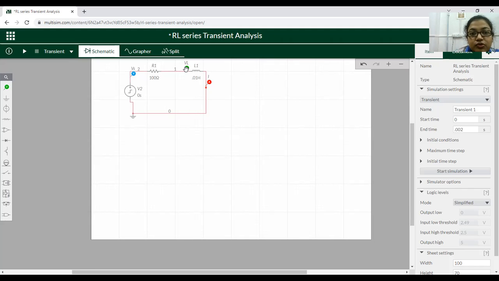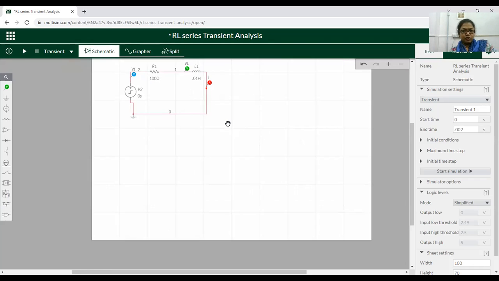We have connected this V to measure the voltage drop across the inductor, and this ammeter to measure the current flowing through the circuit. As this is a series circuit, the same current will flow, so we have connected only one ammeter in series here.